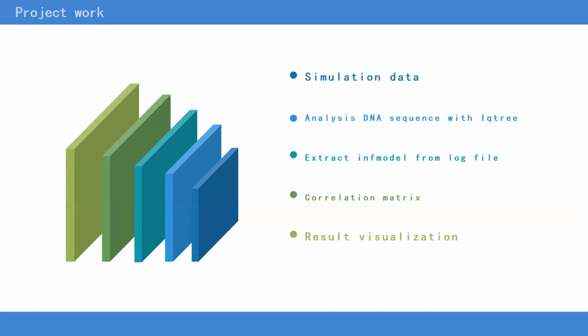The fourth step is to count the CSV files generated in the previous step. Calculate the occurrences of each model and establish a correlation matrix with the model used to simulate data.